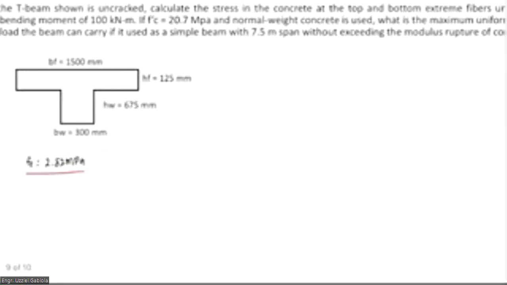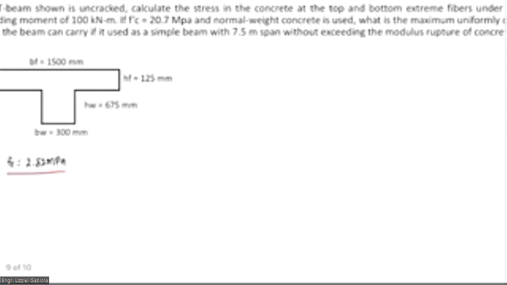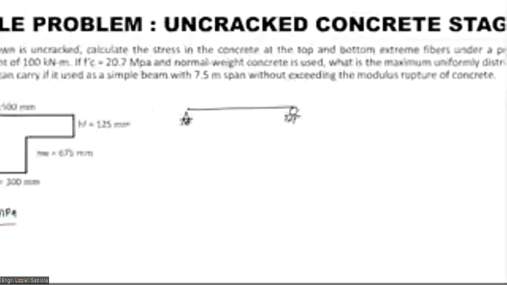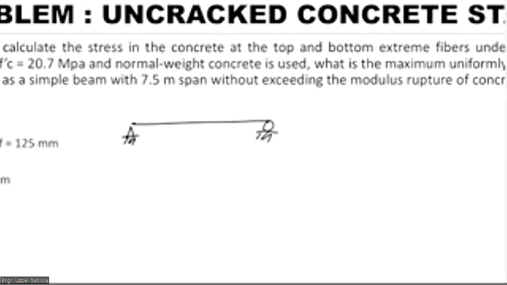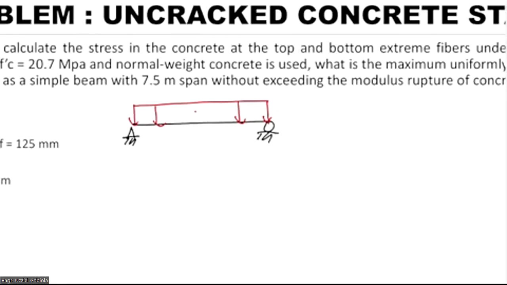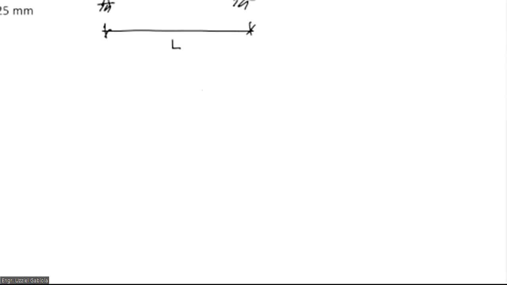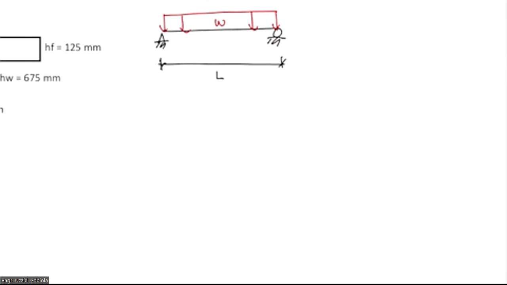Okay. So we have a beam, a simple beam. Okay. And it's loaded with uniformly distributed load. Now we don't know the value, that is the unknown, so that is W. Let's say W. Then we have our length. For a beam loaded with uniformly distributed load, what is the maximum moment?